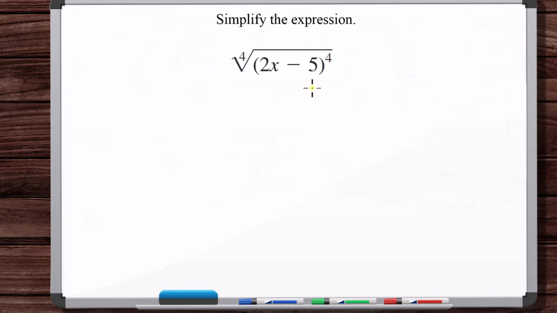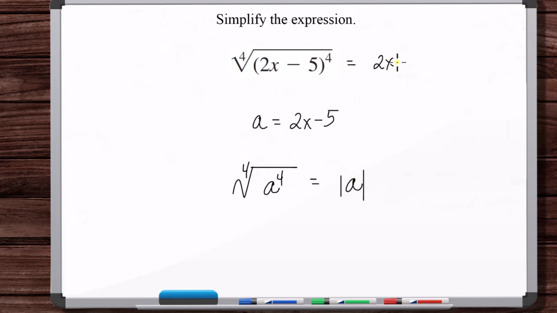It's just more confusing. If a is equal to 2x minus 5, then you've got the principal fourth root of a to the 4th, which is going to be the absolute value of a. So this is going to be the absolute value of 2x minus 5.